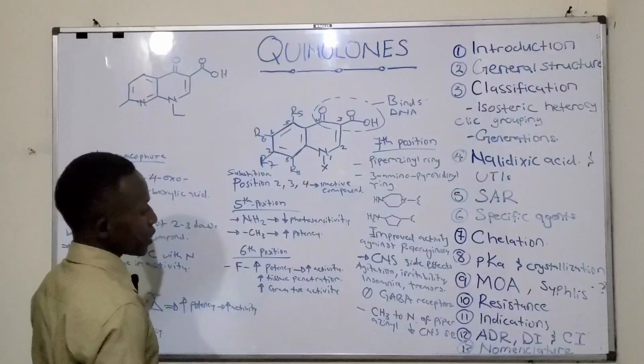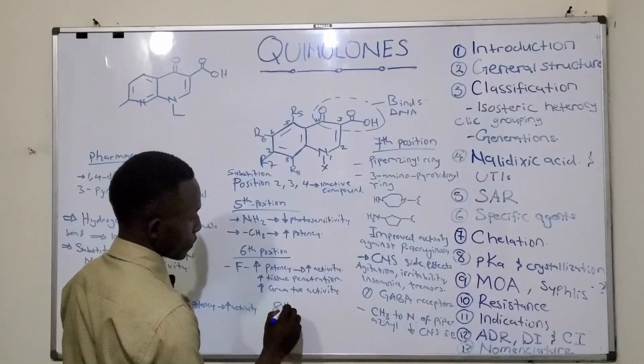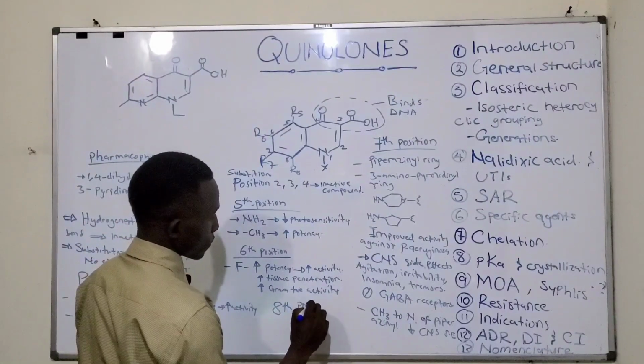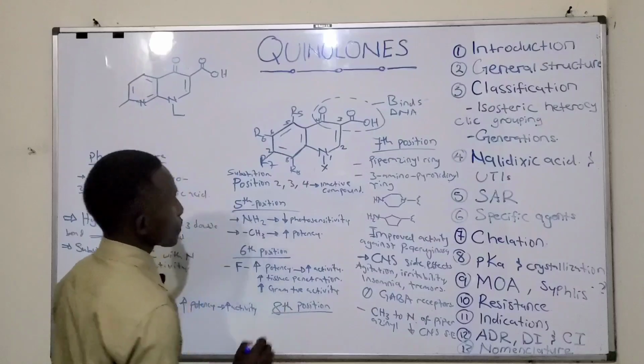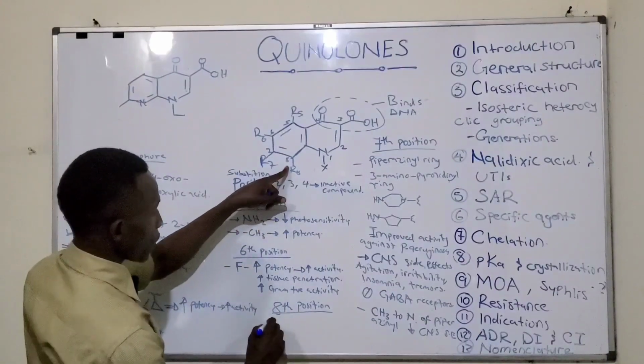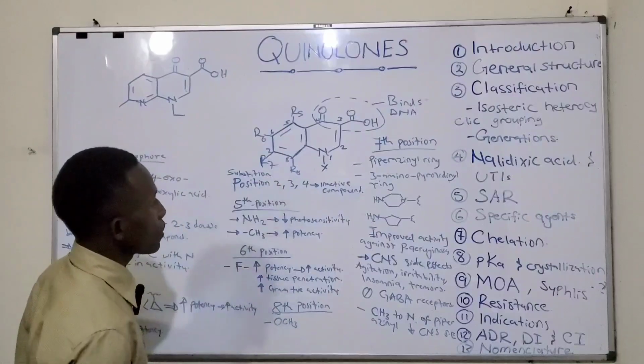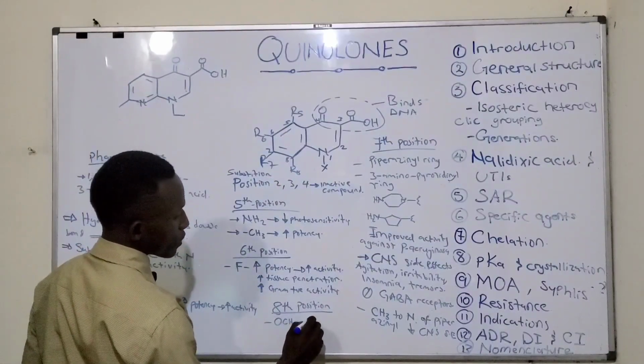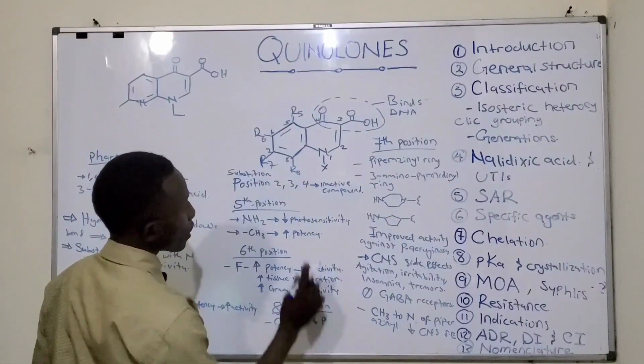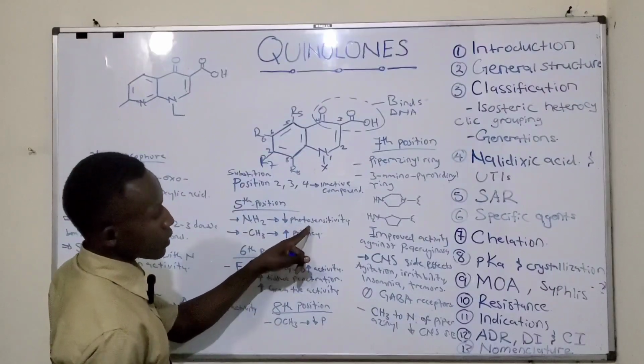When you go to position 8, if you add a methoxyl group, this reduces the photosensitivity side effect.